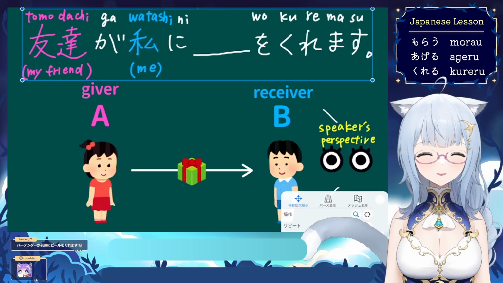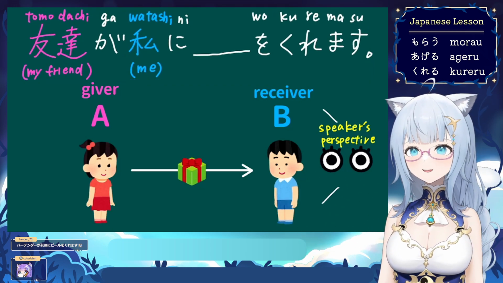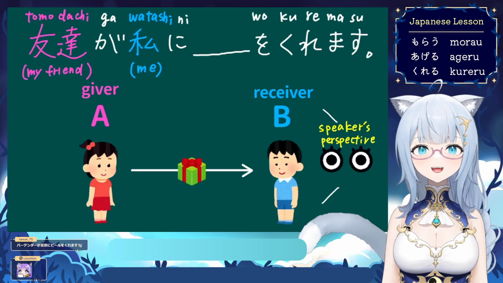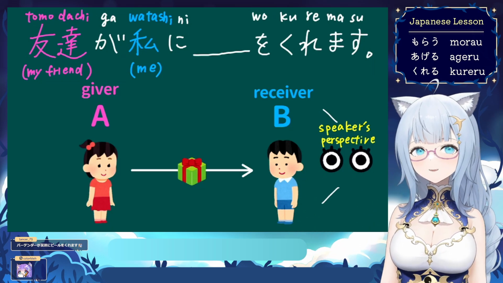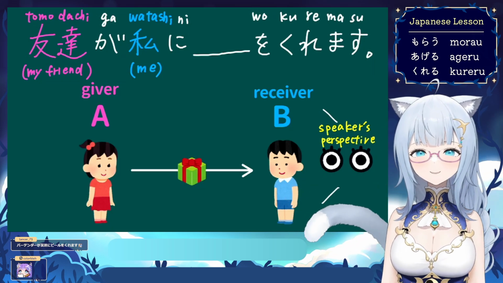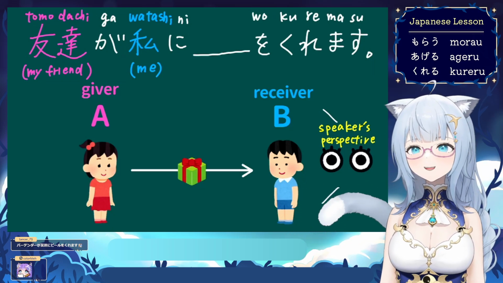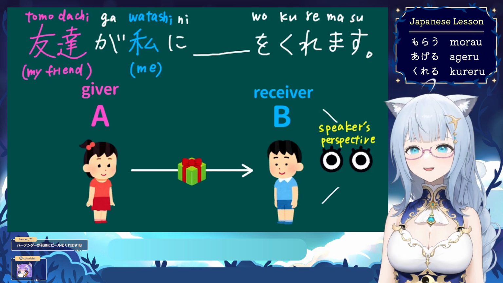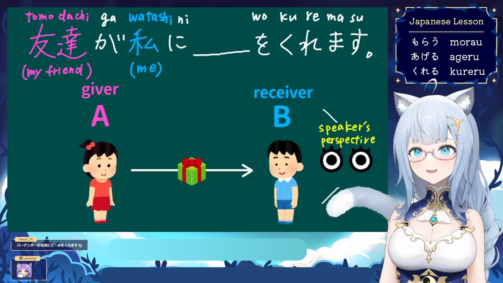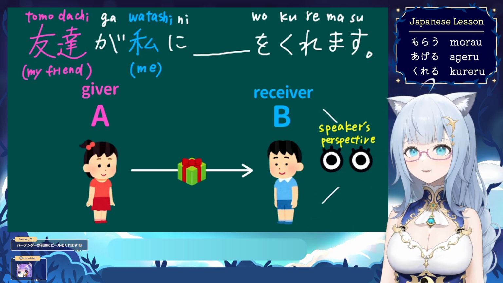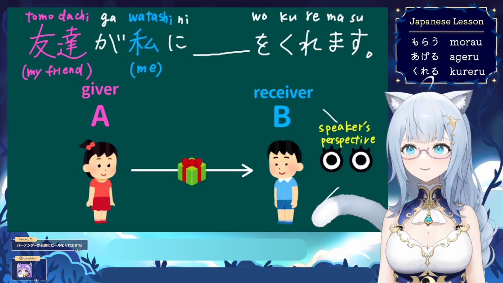So maybe you guys already noticed. 私 me or I, or 俺, 僕, we have lots of first person words in Japanese, but when I or me are in the sentence, the speaker's perspective is always I, でしょ?